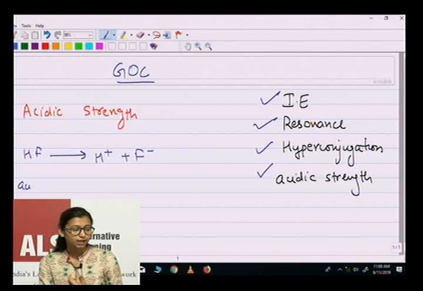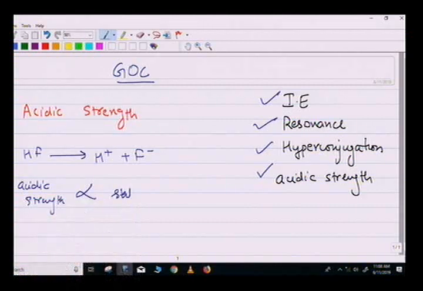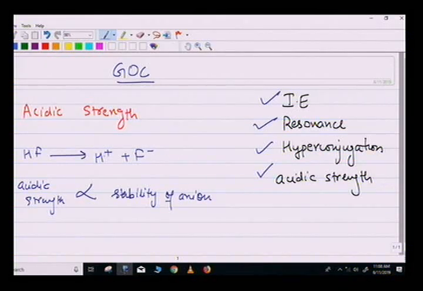So we have done this thing that the acidic strength is directly proportional to the stability of the anion, right? If this particular anion is becoming stable, if this is a stable anion, then obviously it wants its reaction to proceed in the forward direction. Obviously HF wants to break into the ions so that it becomes a stable F negative ion, okay?